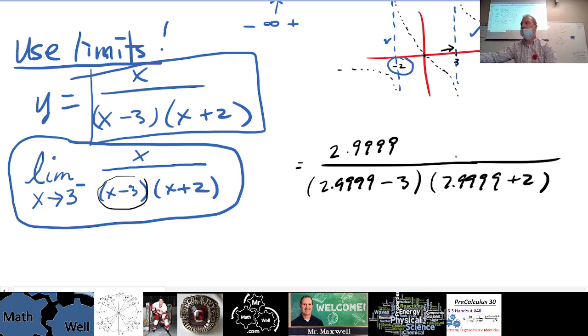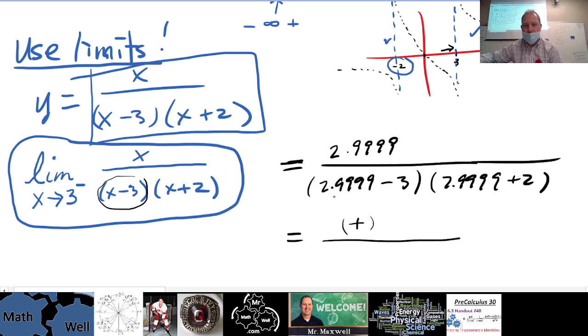You're literally thinking of what's a number that's really close. Let's see if I can get some sense as to what this function is behaving like, or what value this function might be getting close to. So this is going to be around a positive 3, okay? So that's fine. You can say you're going to have a positive value. And positive 3, if you want to write positive 3, that's fine.